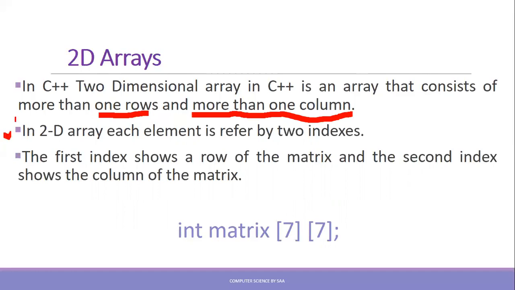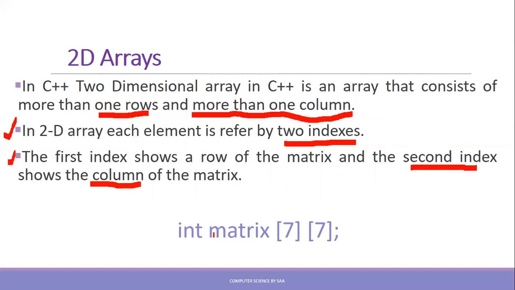In a 2D array, each element is referred to by two indices. That is different from the 1D array, where we refer to an element by one index. The first index shows the rows of the matrix and the second index shows the columns of the matrix.